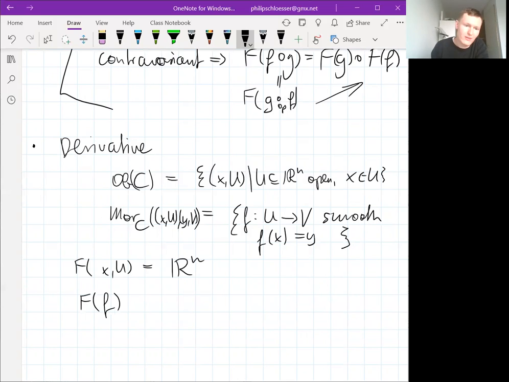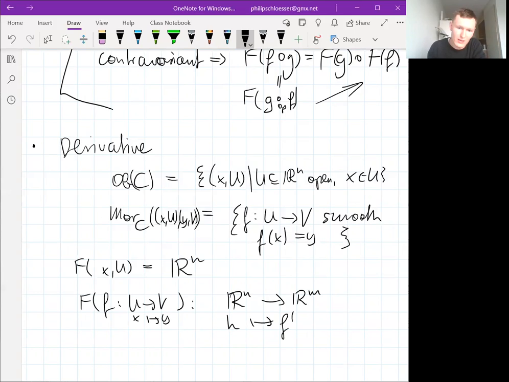And with a map that goes from U to V, mapping x to y, we associate the derivative from R^n to R^m. Just h is mapped to the derivative of f at x in the direction h.